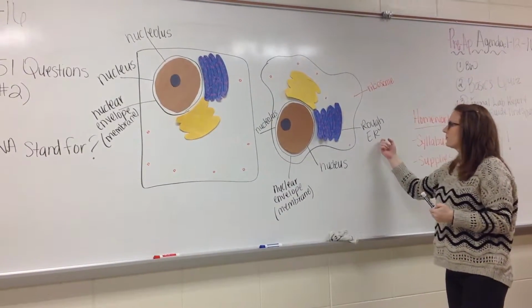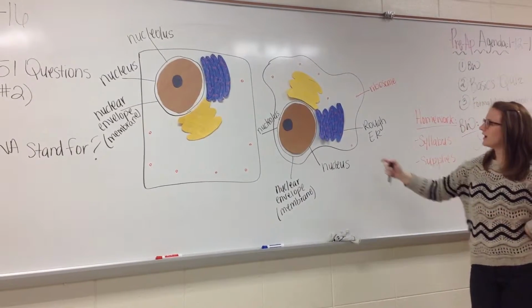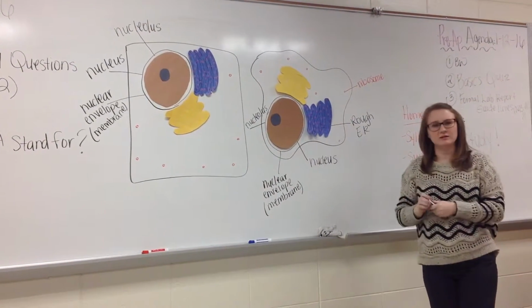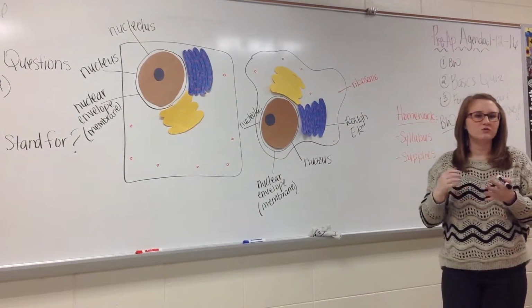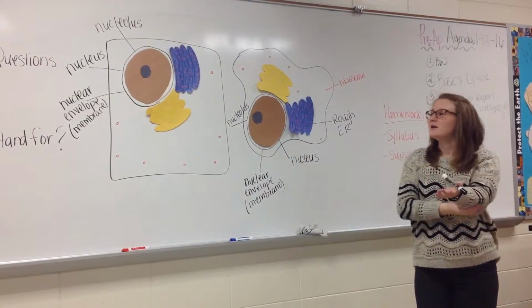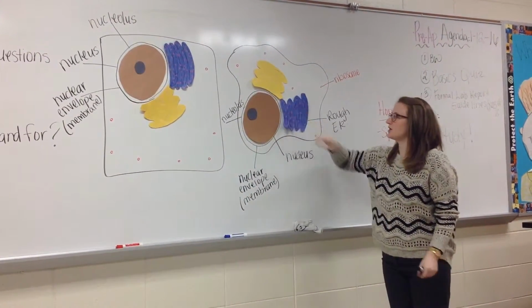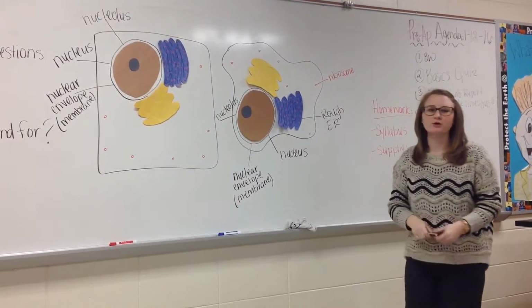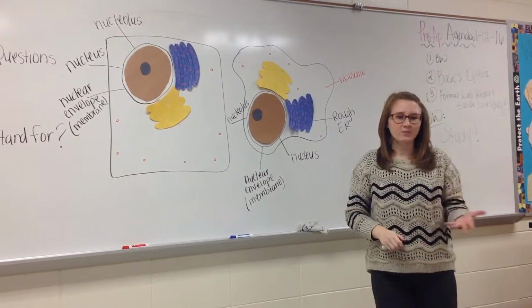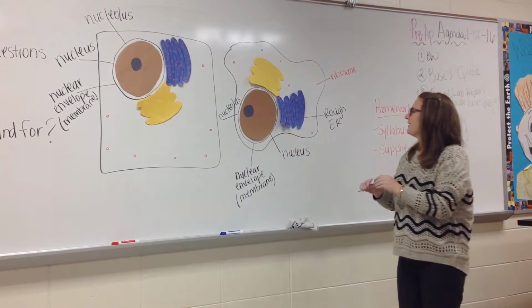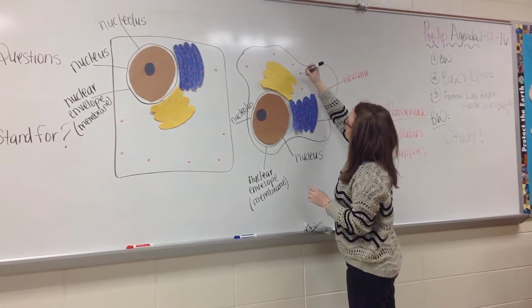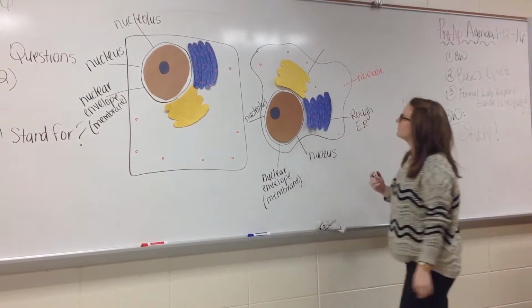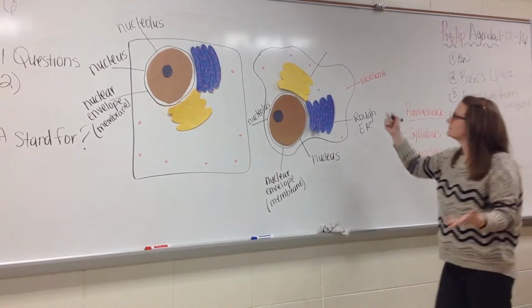So if you remember, it has ribosomes stuck to it, and that allows you to figure out its function. If it has ribosomes bound or attached to it, that means that it helps in the production or the making of proteins.